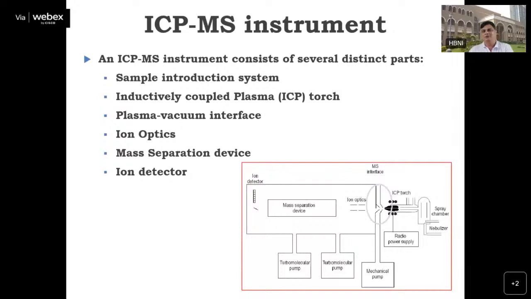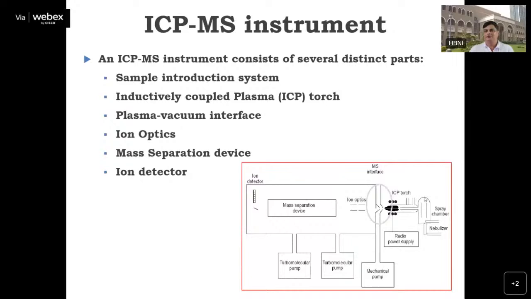And then the plasma vacuum interface. One more important thing: if you have a feeling about this equipment, then only you can understand. All these systems work at atmospheric pressure.